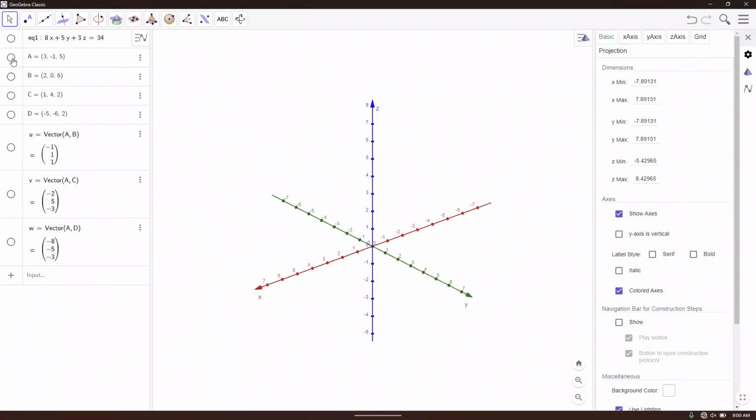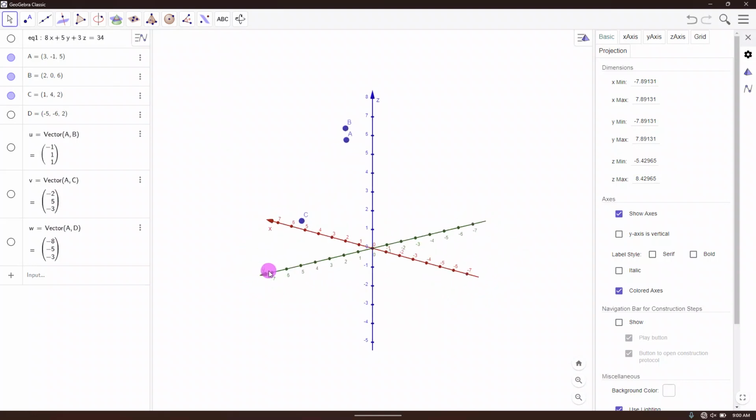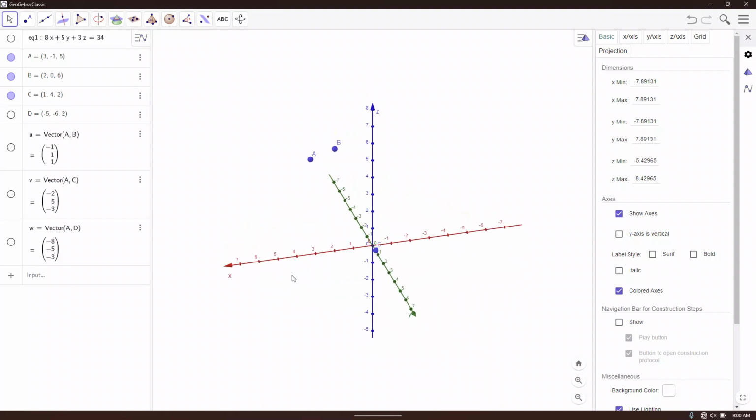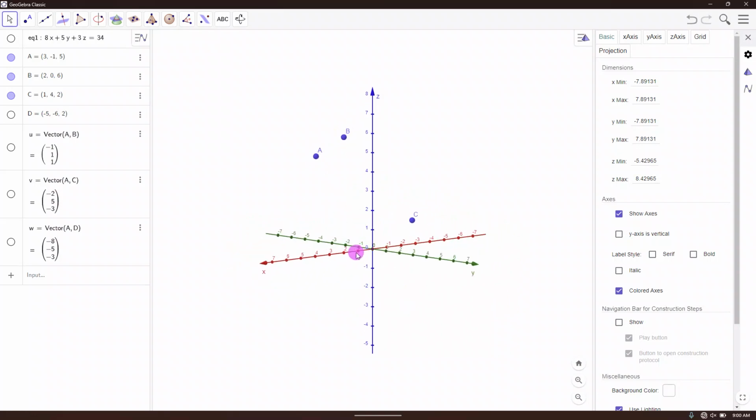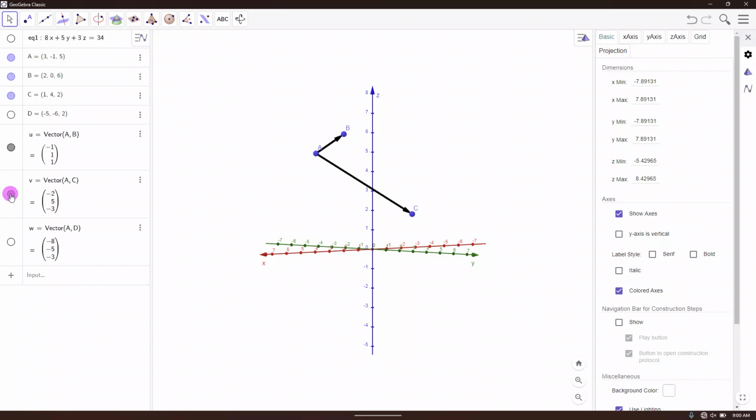We were given 3 points, A, B, and C. Right here, these 3 points. What did we do with these 3 points? We created vector AB and vector AC in order to find a vector that is orthogonal to those 2 vectors, which will contain the components of the direction of the plane.